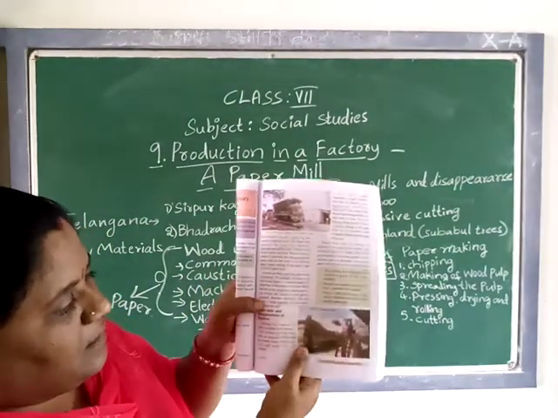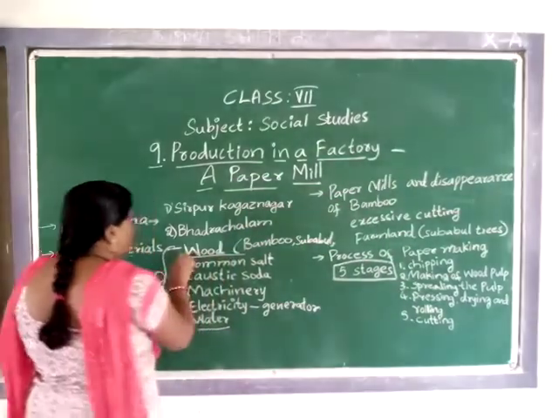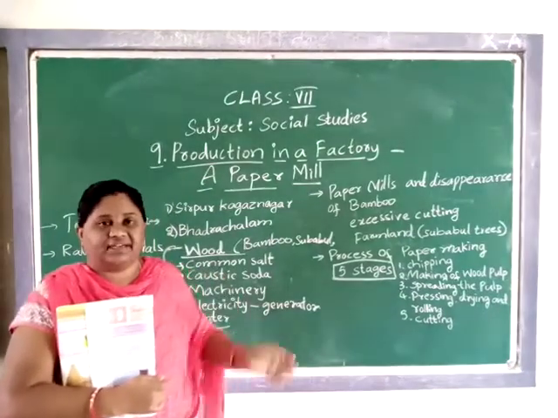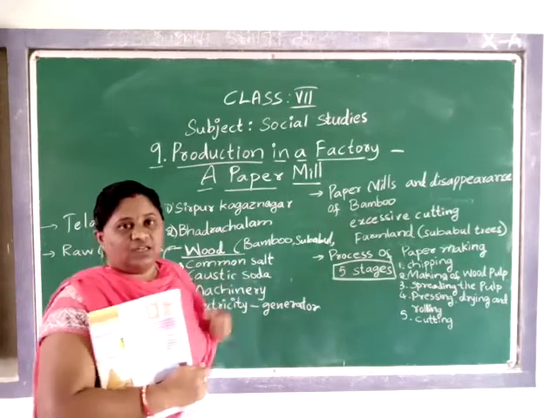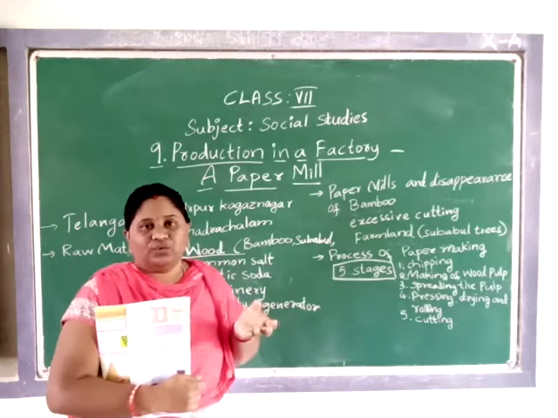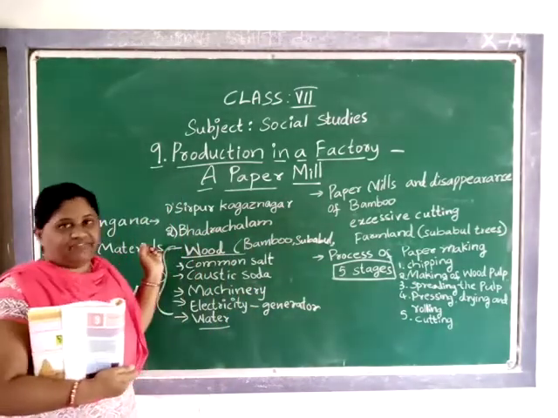And see the bamboo lifter. When the wood comes to the factories from the forest areas or from the farmlands, huge and heavy loads of bamboo sticks are carried by the lorries to the factory.